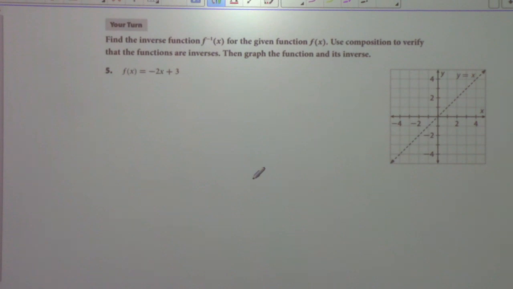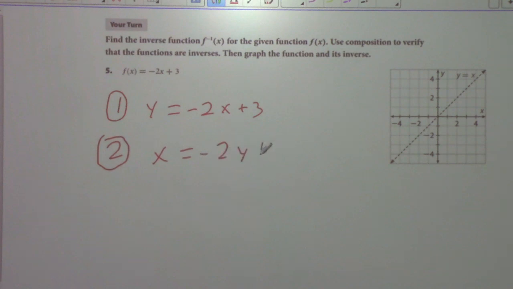In the interest of time, I'm seeing most of you working on this. I'm going to quickly wrap this up. So first, step 1 is change, right? So I'm going to write this as y equals negative 2x plus 3. Step 2 is switch x and y, right? So we get x equals negative 2y plus 3. What's the third step? Solve for y. So now we subtract 3. So we get negative 2y equals x minus 3.